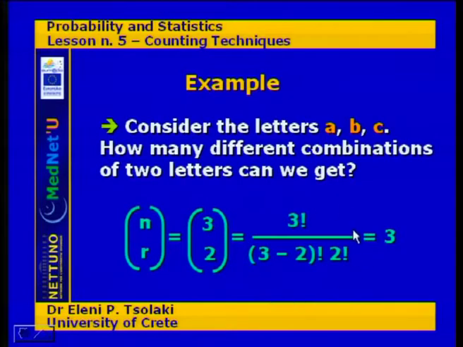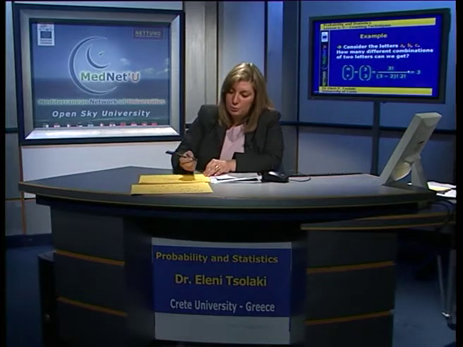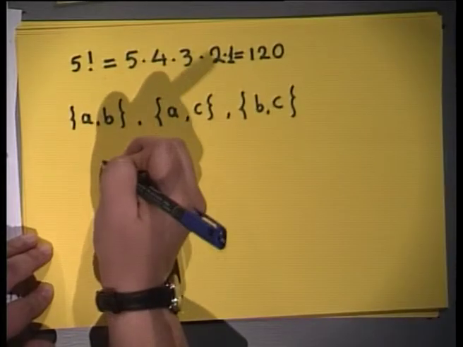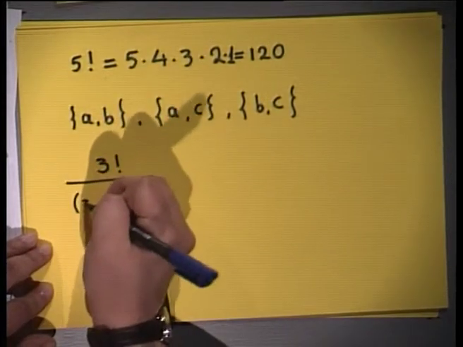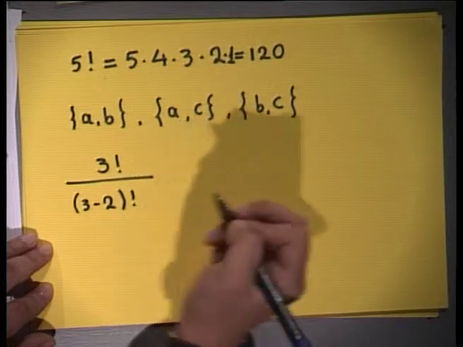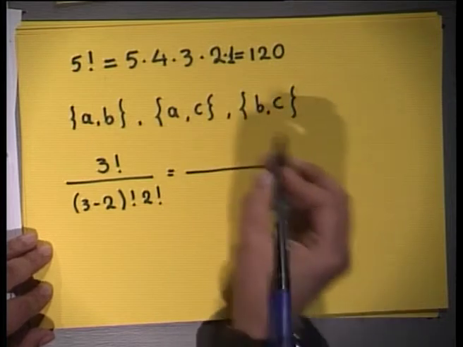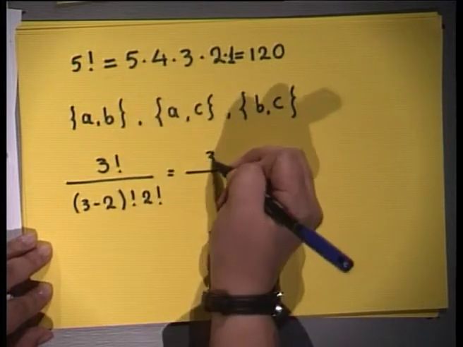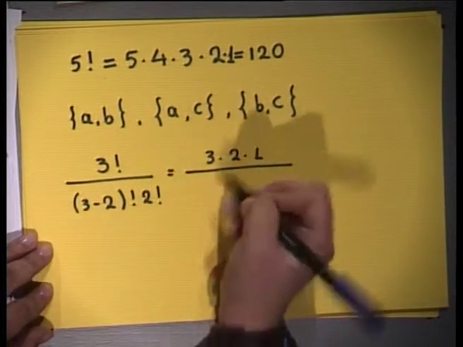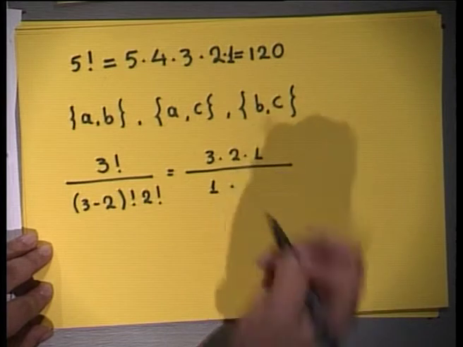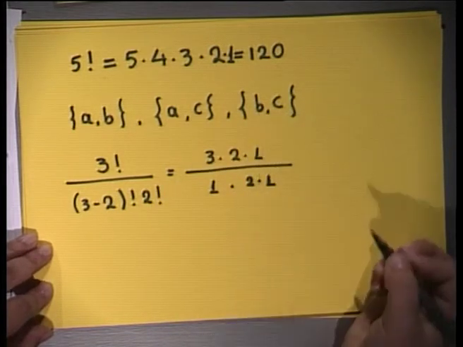Here in this formula, we are going to work with this a bit to note something, that we had 3 factorial and 3 minus 2 factorial times 2 factorial, which is actually 3 times 2 times 1, divided by 1 factorial, which is actually 1, times 2 factorial, 2 times 1.